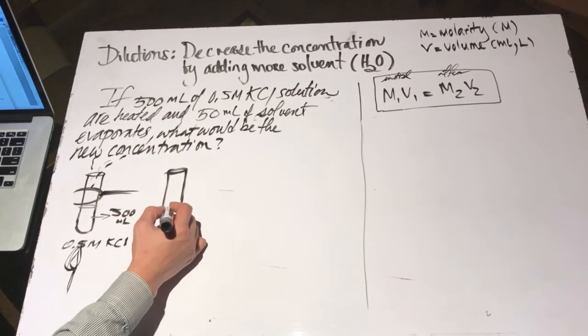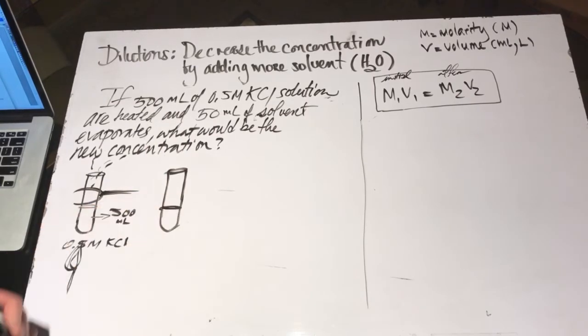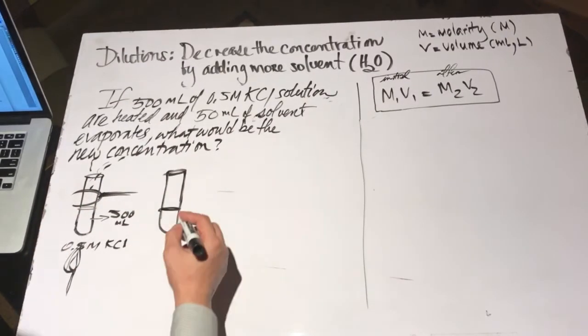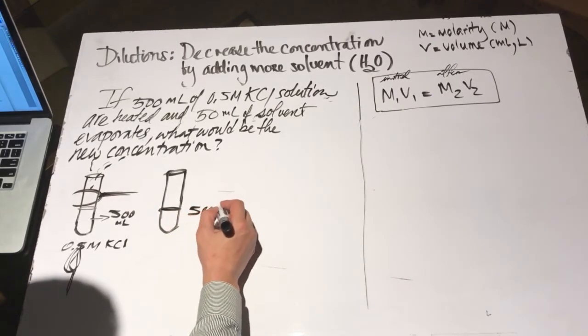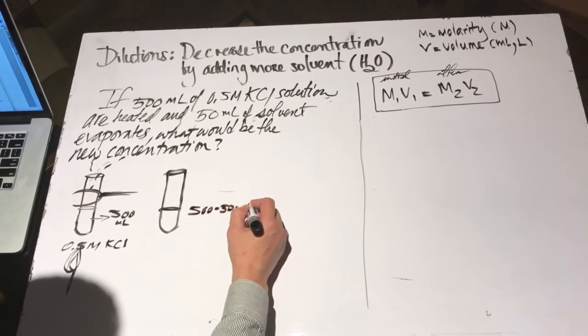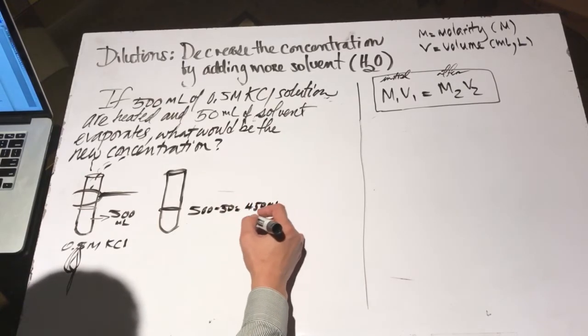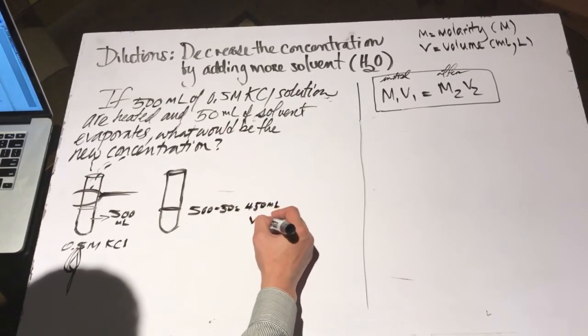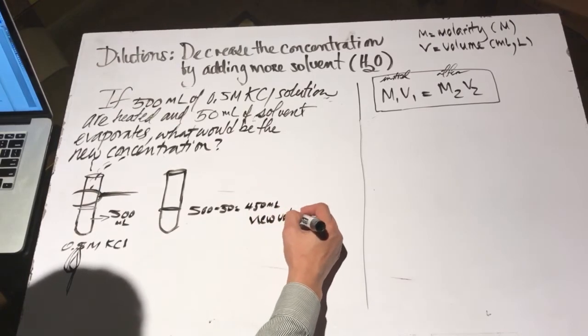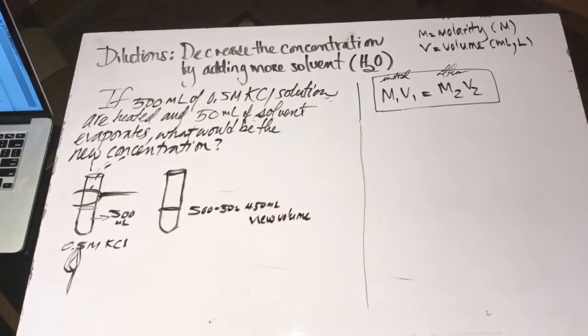Eventually, your solution will have 500 minus 50, that's 450 milliliters. That's your new volume. So this is your original volume, and that's your new volume.